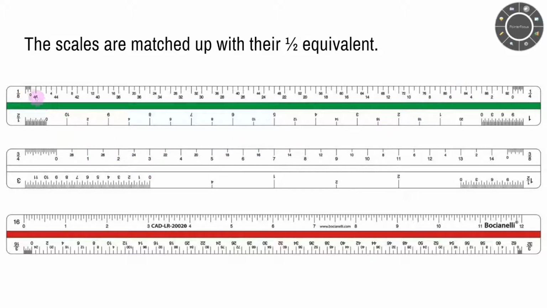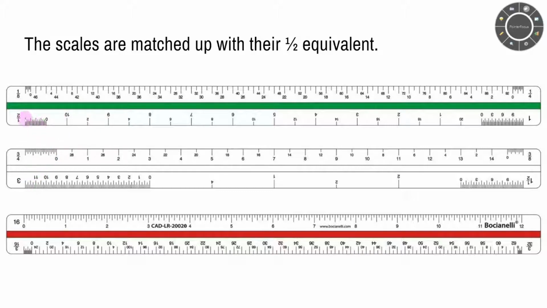The reason they're paired with their half is because these smaller, higher up numbers are paired with the 1/8. And so this is 0, 4, 8, 12. But I can then borrow some of the line work to help fill in some of those blanks. So this would be 1 foot, 2 foot, 3 foot, 4 foot, 5, 6, 7, 8.